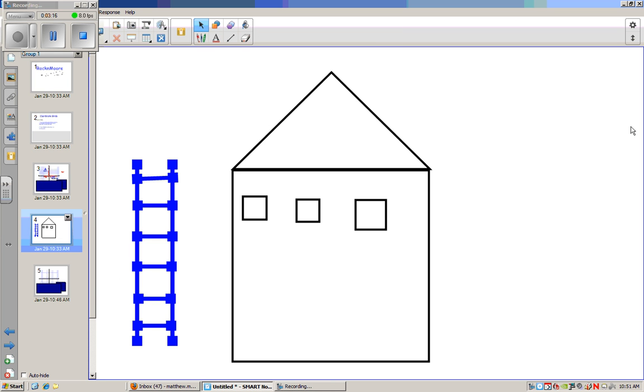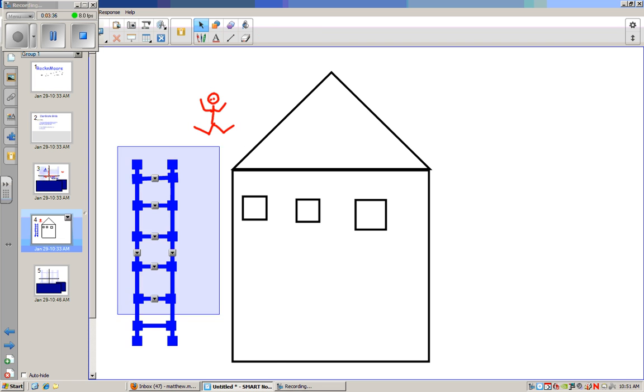If you looked at a house, let's say Mr. Rockenstein, we can draw a little picture of Mr. Rockenstein here. There's Mr. Rockenstein, and he needs to clean his windows. So he's going to climb up.